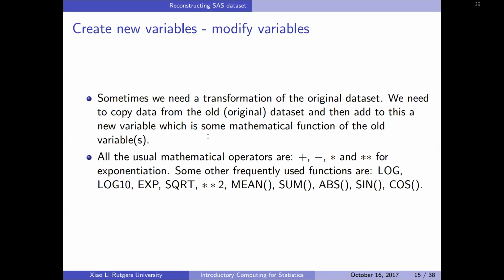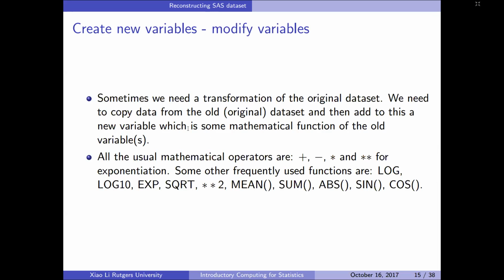Sometimes we need a transformation of the original data set, especially when we need to include new variables or create new variables from existing ones. We would like to delete some variables.